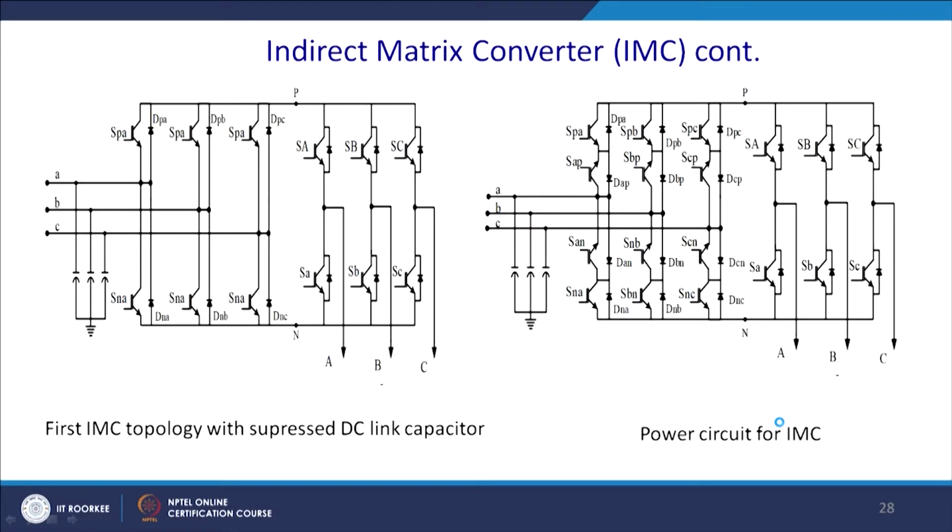Now, see that. This is basically the IMC topology. It is nothing new, only the DC bus here is missing, but how you generate the DC bus voltage without the help of a capacitor, that is the challenge, and that is done by the control technique. So, it has a superiority over the conventional DC to DC converter, and a few more advantages, like you can scale up to a multi-level inverter.